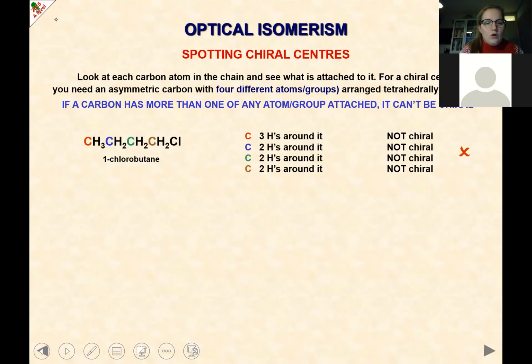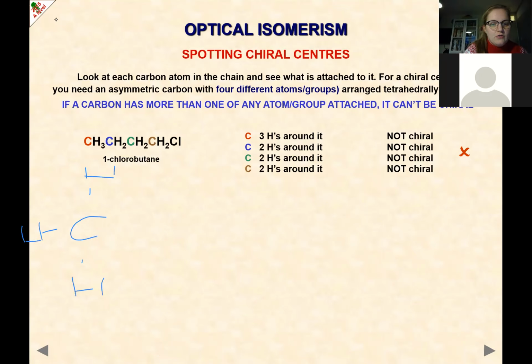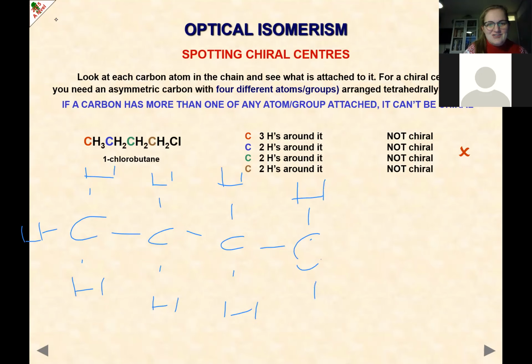So we've got 1-chlorobutane. We've got CH3, CH2, CH2, another CH2, and then finally a Cl.